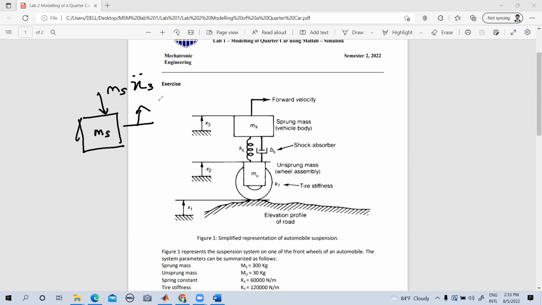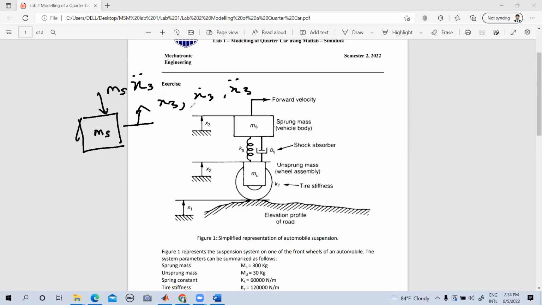We have the displacement here, that is x3. The x3 displacement will have a velocity later on and an acceleration, right? Both in this direction.